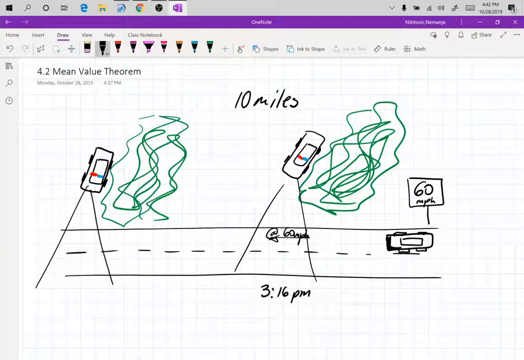And then you are going to continue down your trip, and then at 3:24 p.m. you are going to go through the second speed trap.